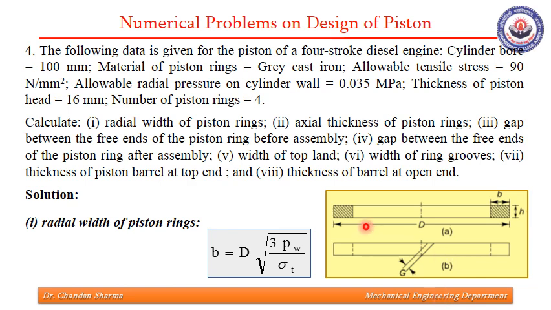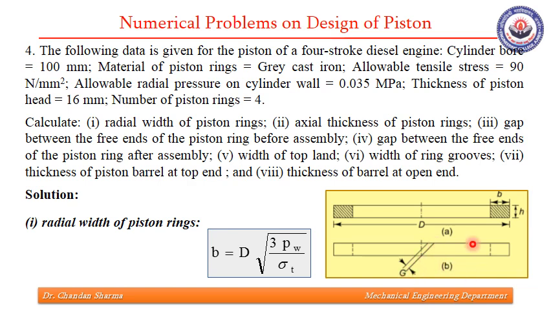This is the cross section of a piston ring where B is the radial thickness and H is the axial thickness, and this G is the gap which we are supposed to find.